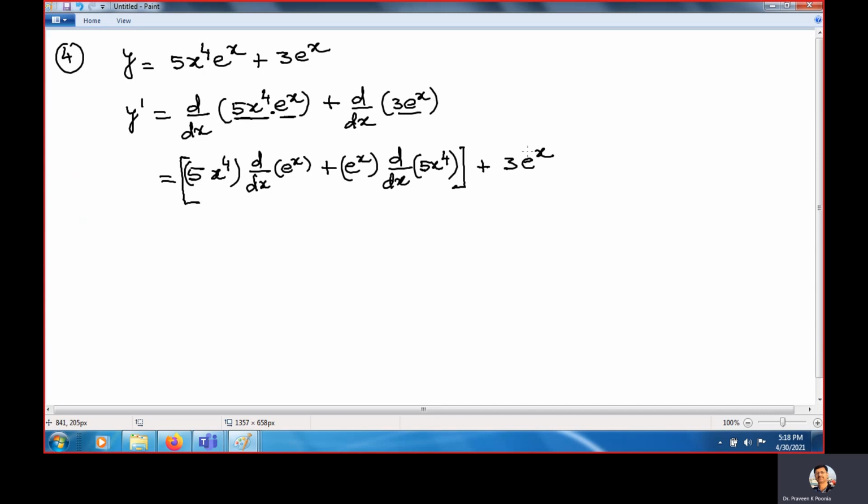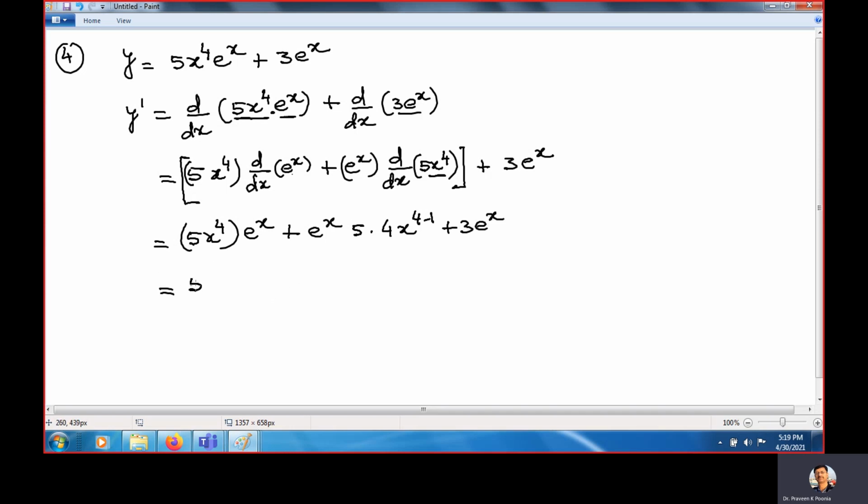It is e^x, same to same. Simplify it: 5x^4 times the derivative of e^x, same to same e^x, plus e^x. What is the derivative of 5x^4? 5 is constant, x^4 gives 4x^(4-1), plus 3e^x.